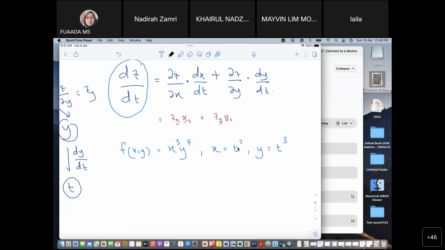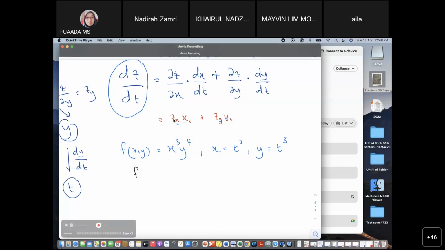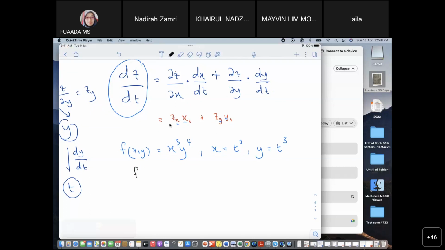Okay, so here you have f. You have to differentiate f. Remember I mentioned before, z or f, they are the same. F or Z, it is the same. F means that function. Z, as you know, represents a two-variable function. Here, because they give you f, we use f.